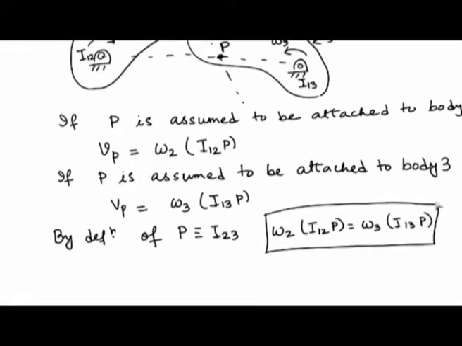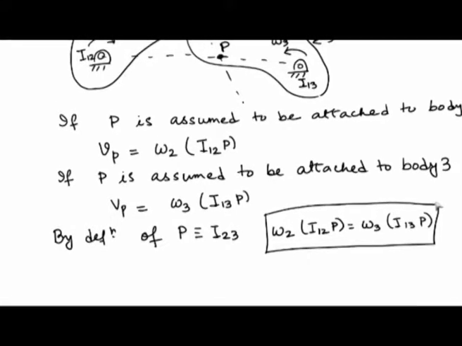Whether you construe the point to be attached to one body or the other, either way you end up getting the same velocities. This analysis will not hold for any other point in this mechanism. It is only this point P which will have this special property that, whether you consider this point P to be attached to body 2 or to body 3, either way the velocity is the same.